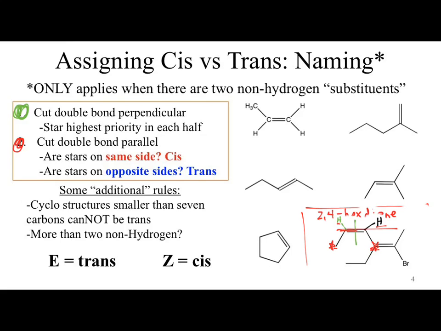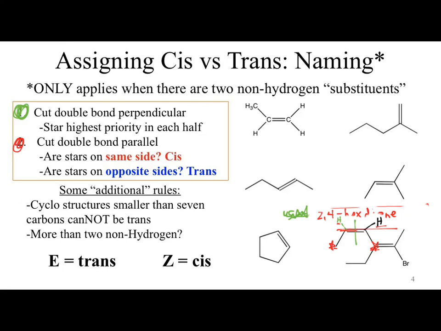If we decided to get crazy with it, instead of calling it cis, we could refer to it as Z. How can we tweak our name to reflect that? Well, way out at the very front of the name, so let's say this was all the stuff in there. Way out at the beginning of the name, we would say at position, what was that, 4? This is our 4 double bond, because we numbered right to left.